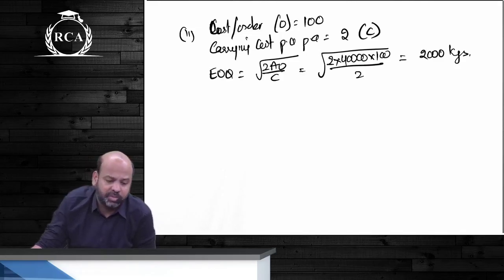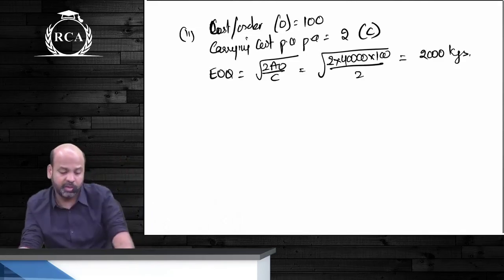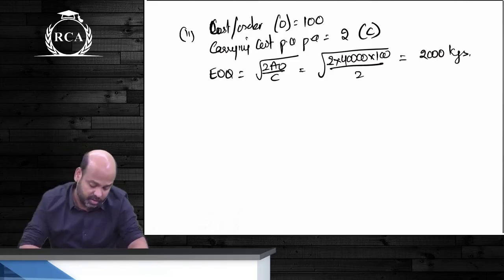Below that, write that purchase price is not given. After you compute EOQ, guys, you will write purchase price is not given.